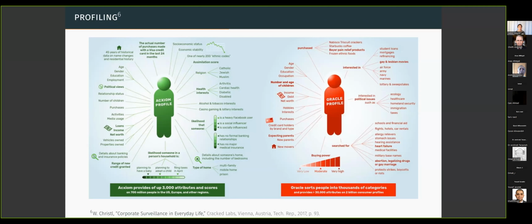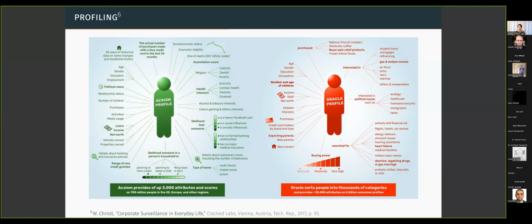So there are also attributes about political views, about religion, about age, gender, education, the number of children someone has, their financial situation in great detail, whether someone is interested in alcohol or tobacco, or in gaming and lottery.